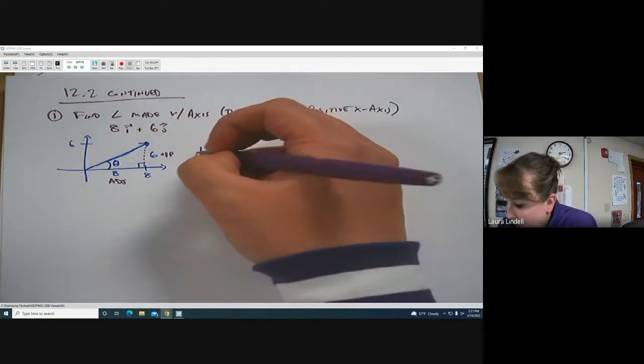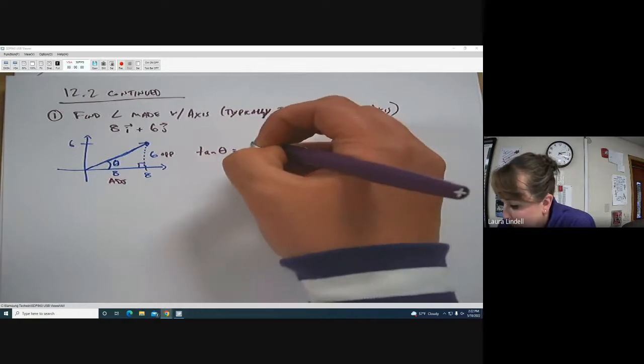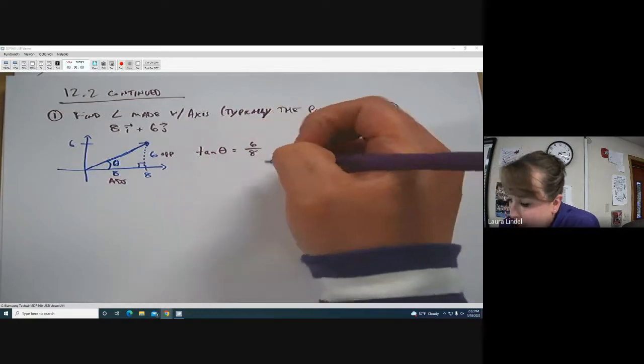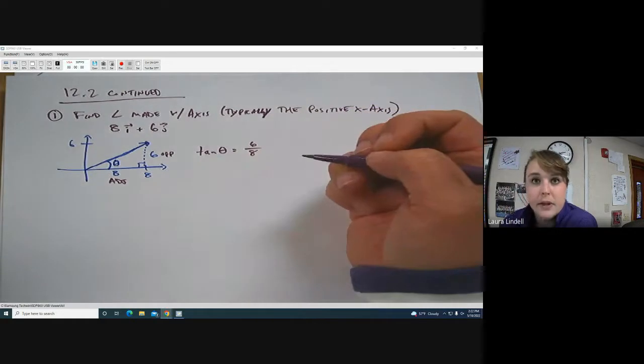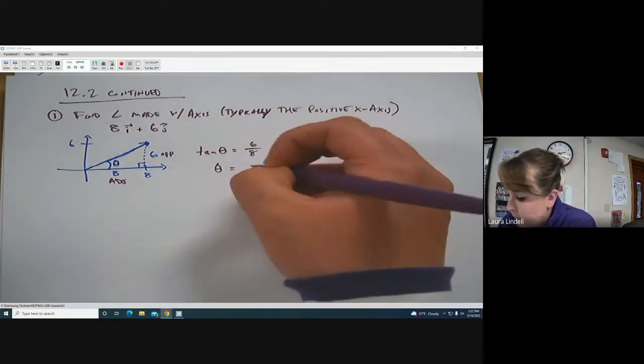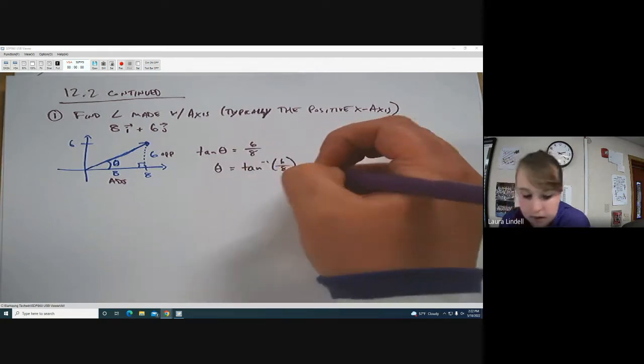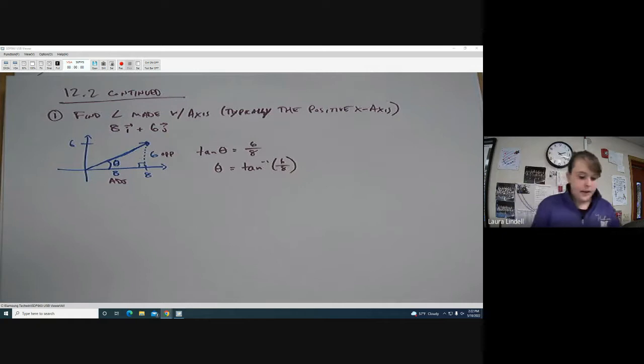So tangent of that angle is opposite over adjacent, or 6 over 8. We just do inverse tangent, and we have our angle. So the angle we're looking for is inverse tangent of 6 over 8, and then we type that into the calculator.